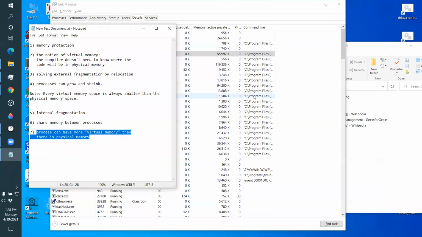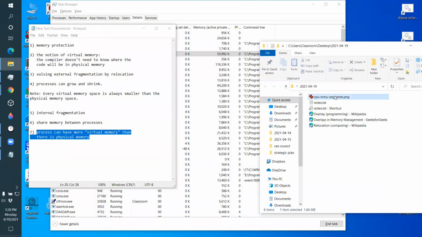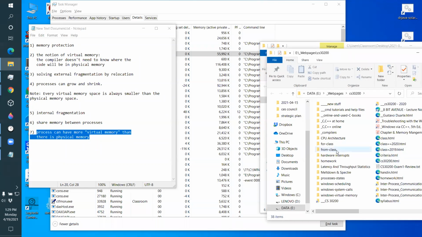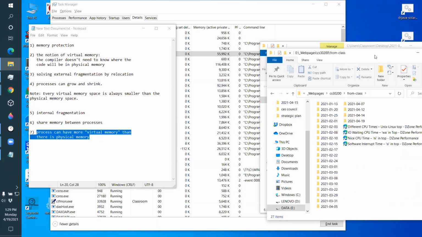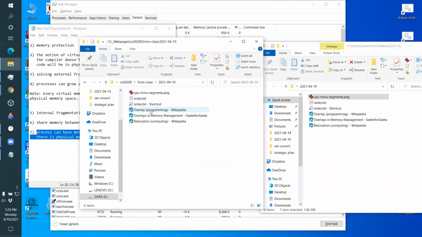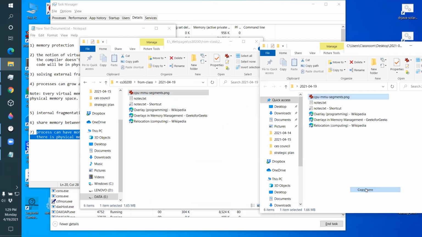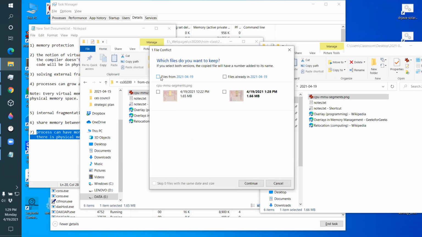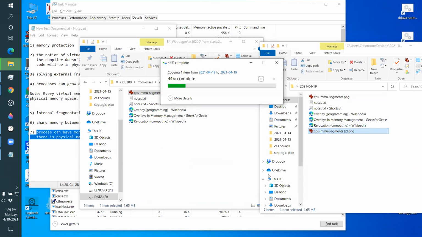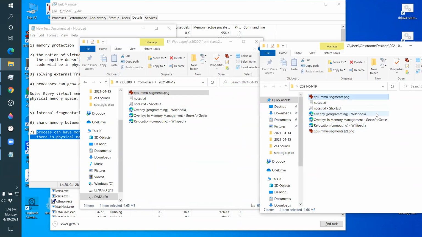Okay, so what I'm going to do is get another copy of that picture. I have a copy over here. We want to create more virtual memory than physical memory.